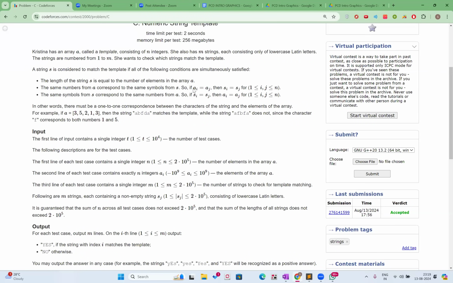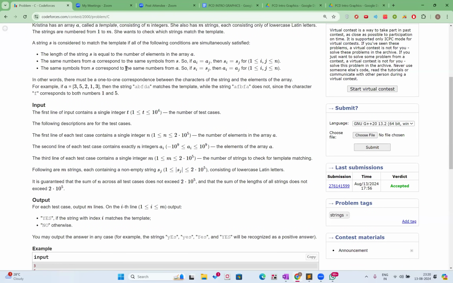If for any pair of indices i and j, a_i equals a_j, meaning the numbers are equal at that position, then their letters should be equal at that position for the strings as well. So if the numbers are equal at two positions, suppose i and j, then there should be equal characters at those string positions.